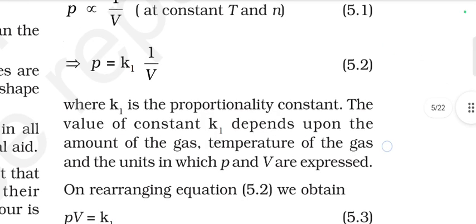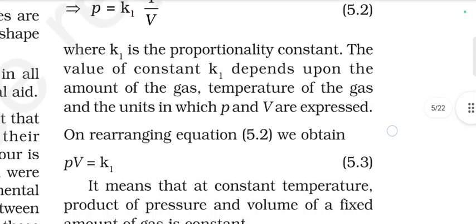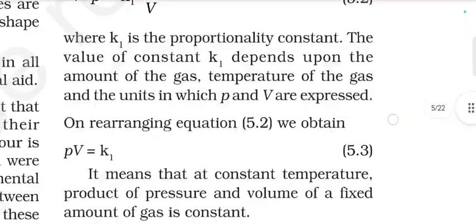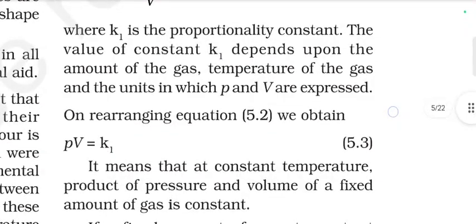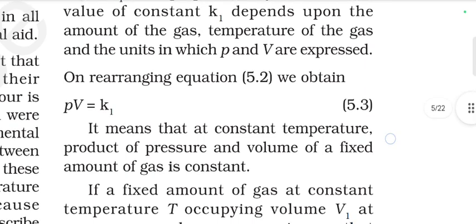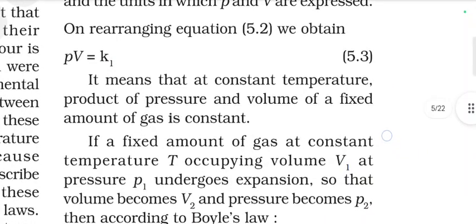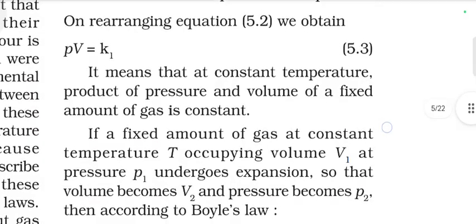The value of constant K1 depends upon the amount of gas, temperature of the gas, and the units in which pressure and volume are expressed. On rearranging equation 5.2, we obtain PV = K1. It means that at constant temperature, product of pressure and volume of a fixed amount of gas is constant.